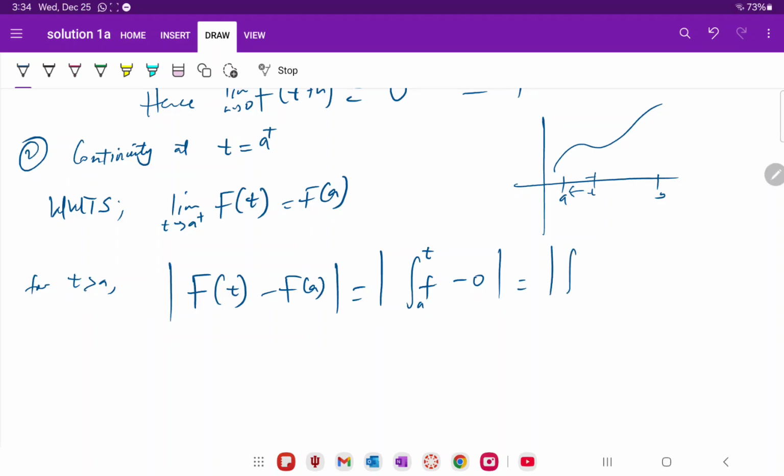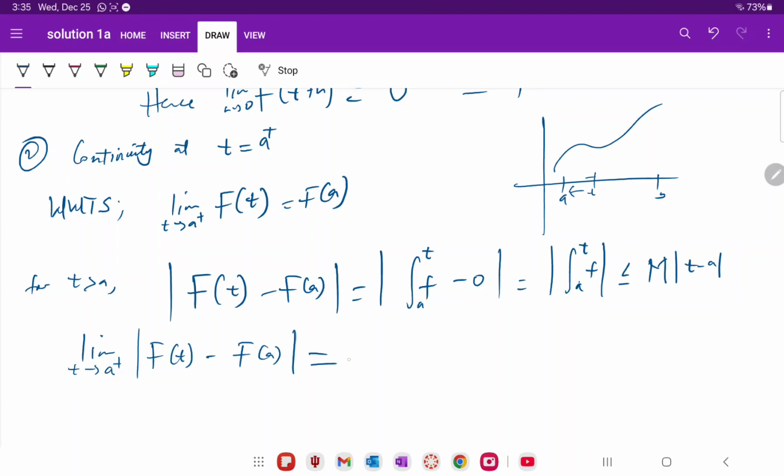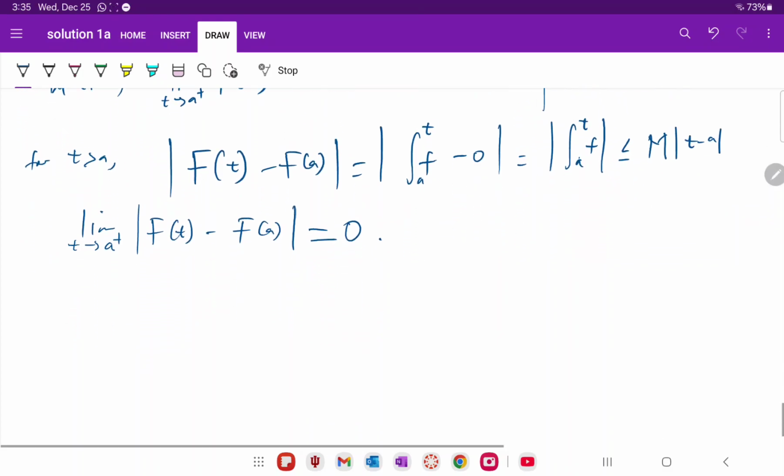By the properties, this is less than or equal to M times t minus a. So by the same condition we stated in case 1, as t tends to a from the right, you observe that this also equals 0. So that means our function f is also continuous at t equals a from the right.